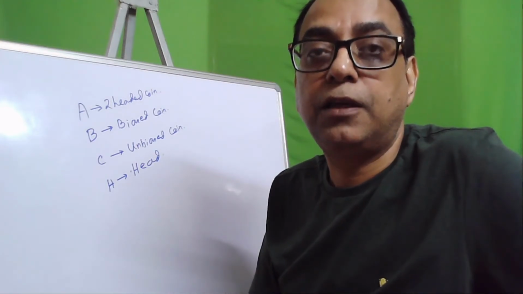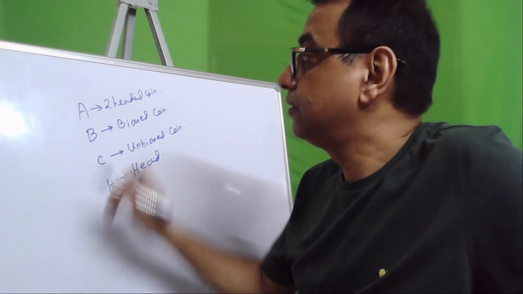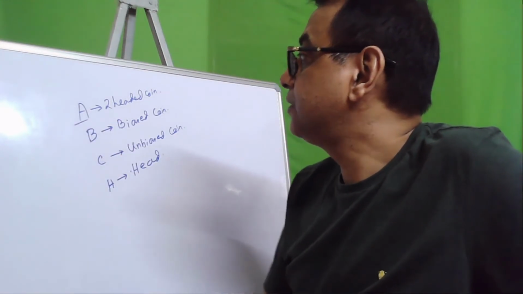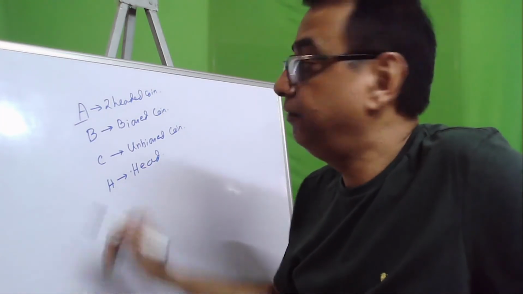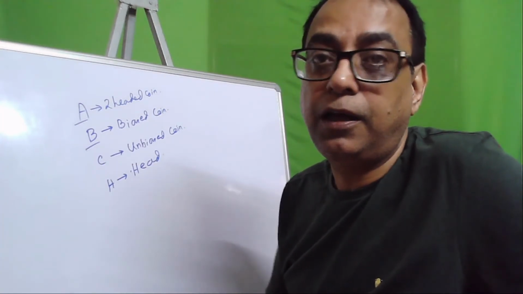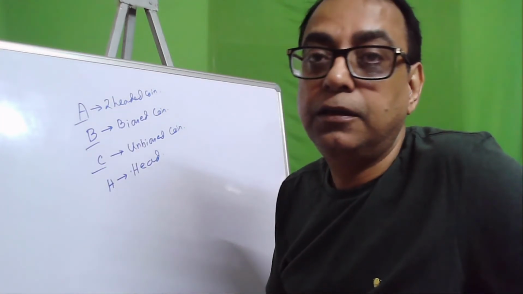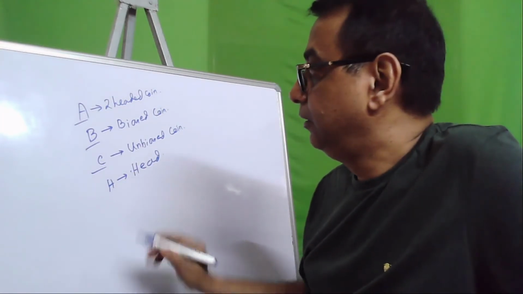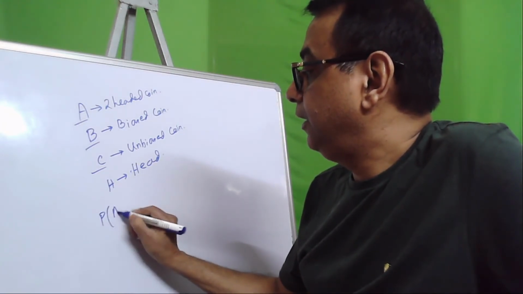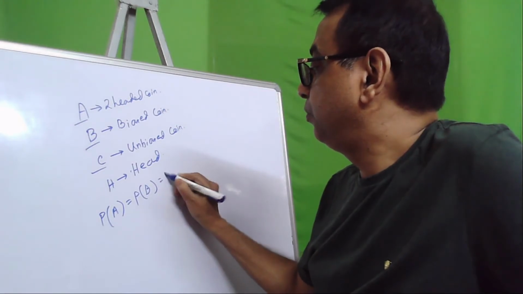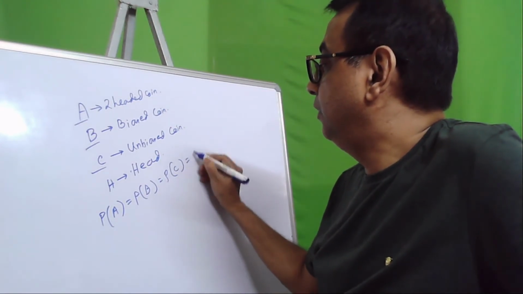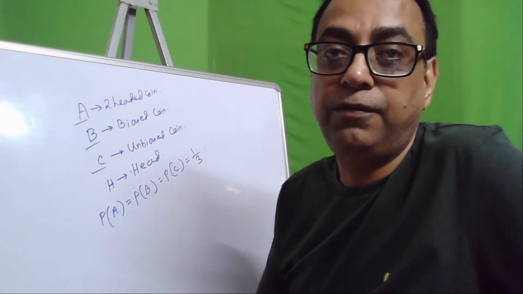So first let us denote all these events. Let's say A represents the event that it is a two-headed coin, B represents the event that it's a biased coin, and C represents the event that it is an unbiased coin. Definitely probability A is equal to probability B is equal to probability C, 1/3, which we have discussed.